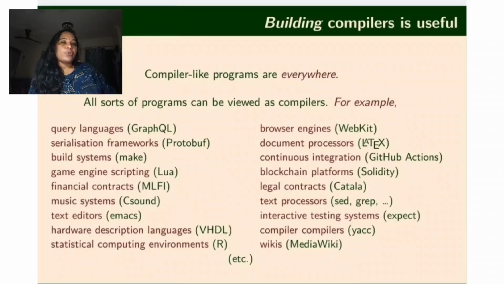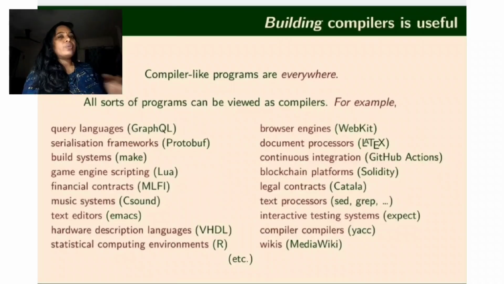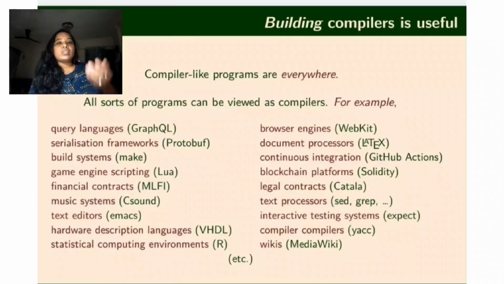And statistical computing environments, for example, meteorological centers and satellite centers. They use this compiler. And browser engines. Right now we are using Google Chrome, Opera, and Internet Explorer. Everything has a compiler. And document processors, for example PDF documents, scanning documents, everything. Everywhere we can see this compiler.